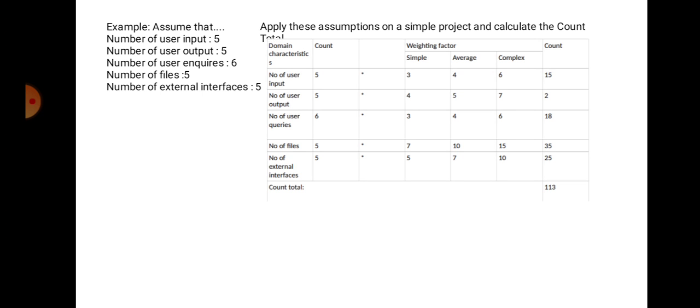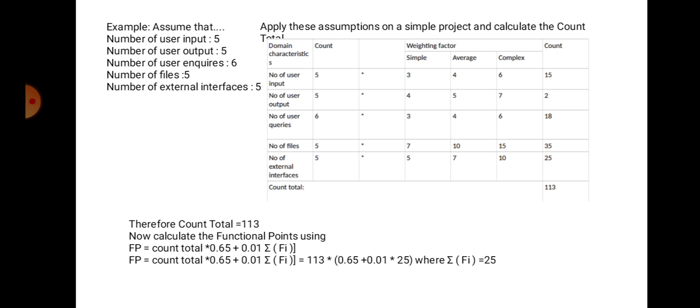Here we put the values: user inputs 5, user outputs 5, user inquiries 6, files 5, and the remaining part, external interfaces, is also 5. So here all the data related to the count and domain characteristics is available, and we have the weighting factor of simple. So we use the simple project and calculate the function point.